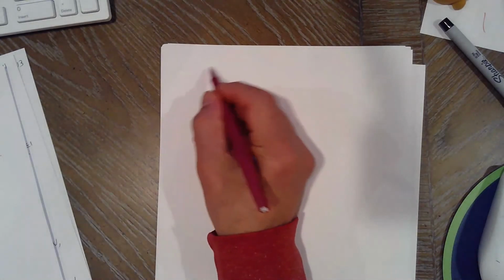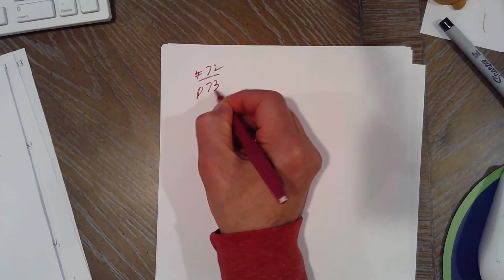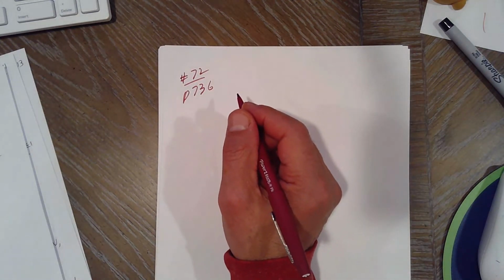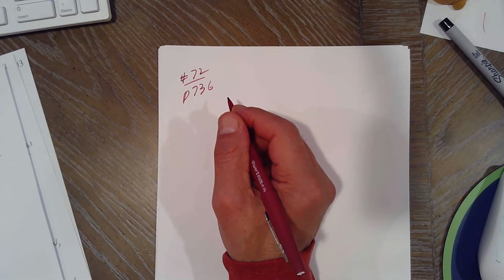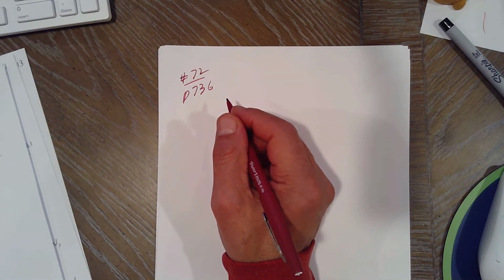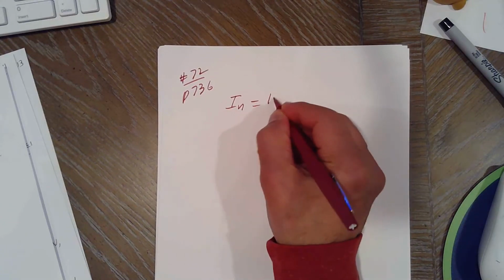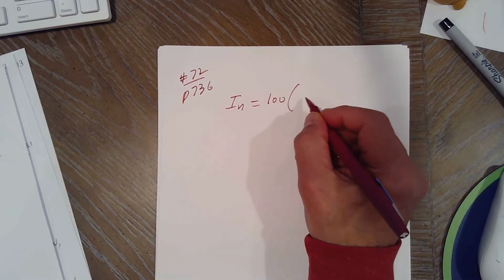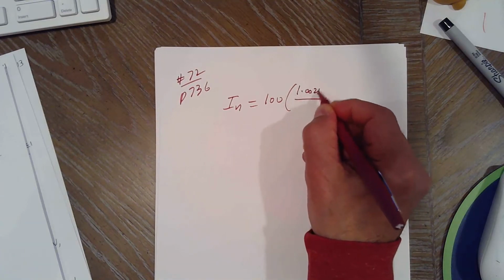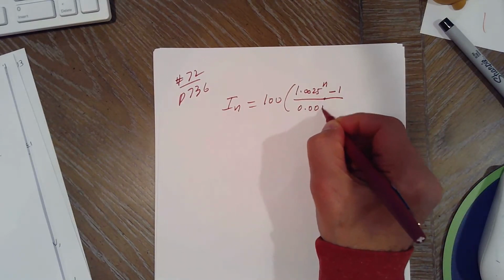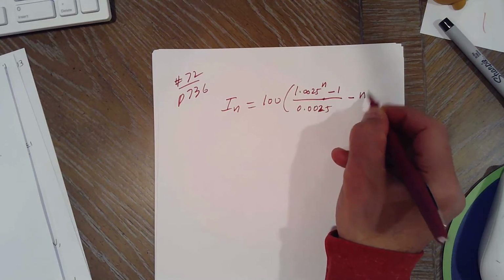Now 72, page 736. Let's look at 72. If you deposit $100 at the end of every month into an account that pays 3% interest per year compounded monthly, the amount of interest accumulated after n months is given by I_n = 100 times ((1.0025^n minus 1) over 0.0025) minus n.